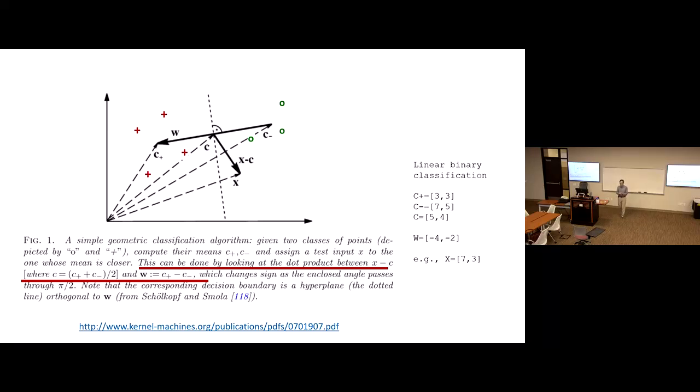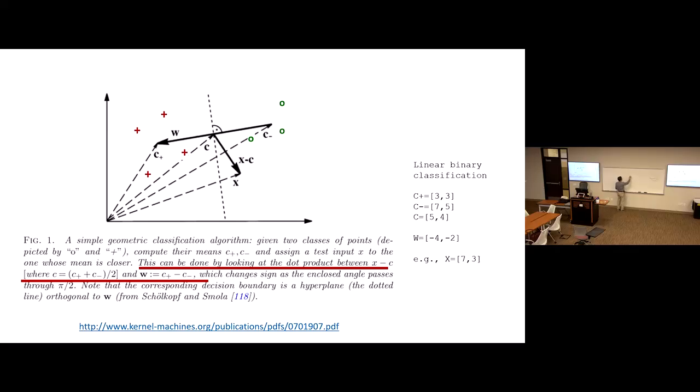And then we have some green circles over there. They are in this vector space, okay? So what we can do is build a very simplified linear algebra, dot product based classifier.